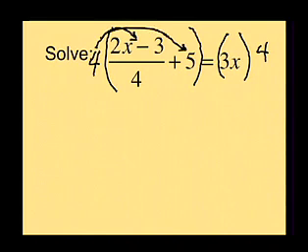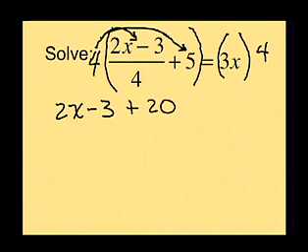And when we distribute the 4 to the first term, the 4's will cancel each other out, leaving us with 2x minus 3. 4 times 5 gives us 20, and on the right-hand side, 3 times 4 gives us 12x.